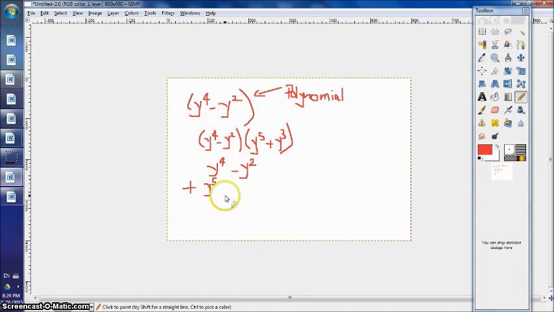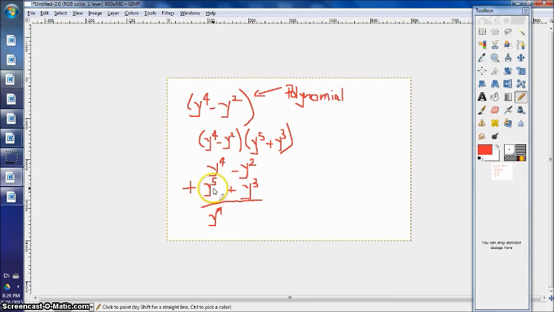So y raised to 4 minus y squared plus y raised to 5 plus this is y cubed.